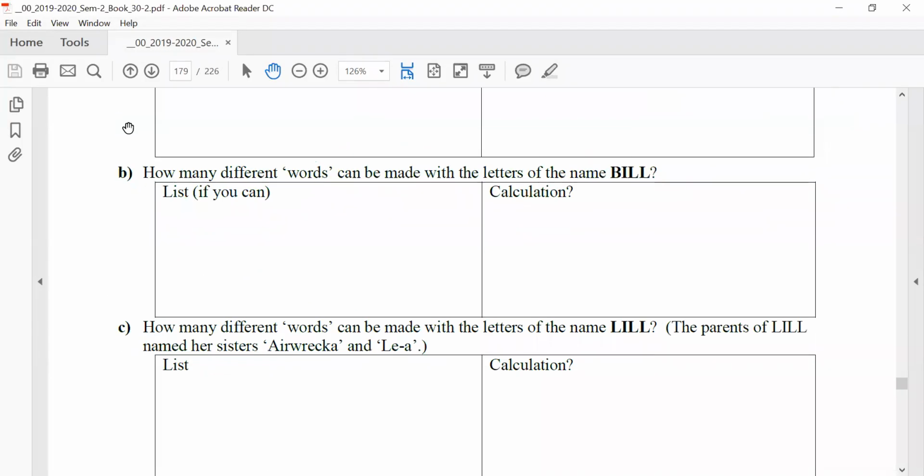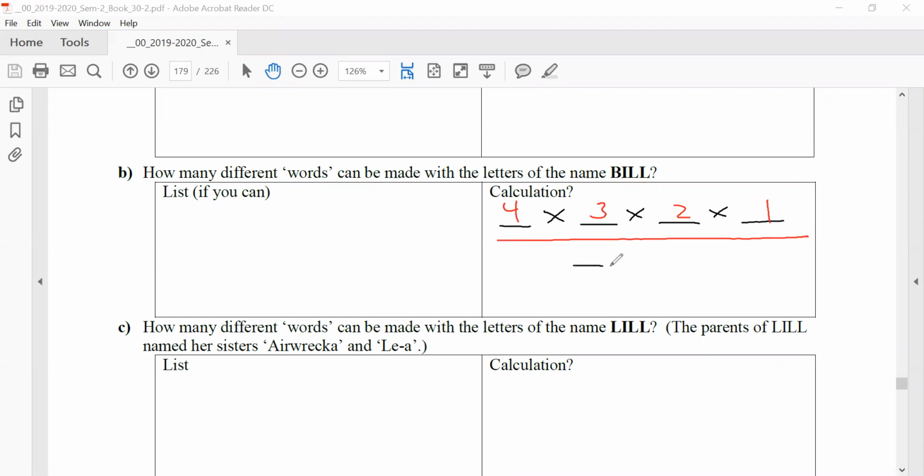Okay, now we've got Bill. If I left you alone for some time and said, list all the different ways you could, it's a huge pain, even though we're only at 4 letters. So let's see if we can go right to the calculation. There are 4 letters, so fundamental counting principle: 4, 3, 2, 1. Remember that letters can never repeat. They're like people. But now I'm going to divide out the arrangements of my repeats.